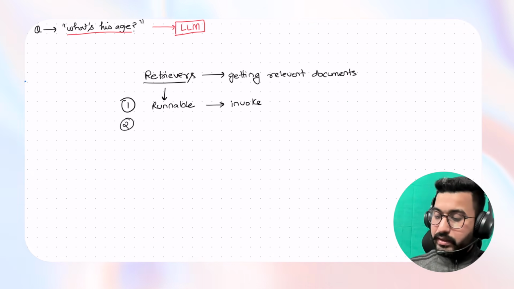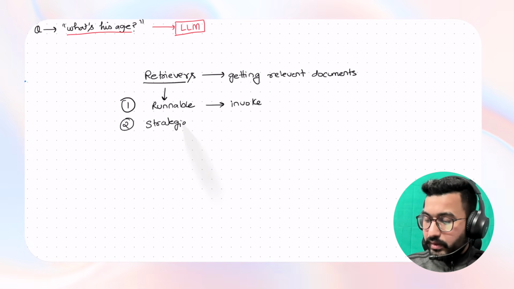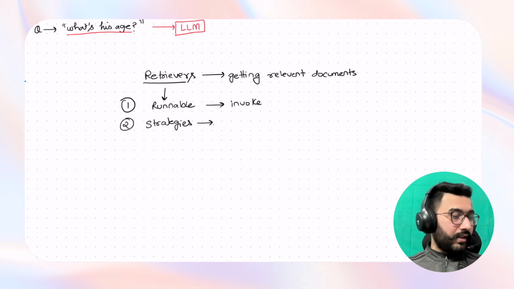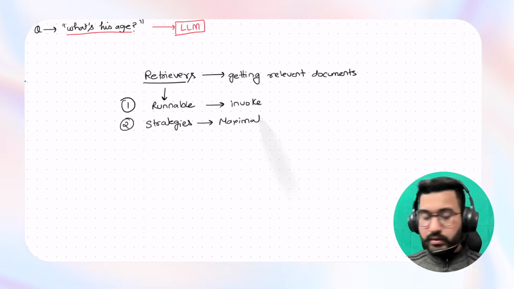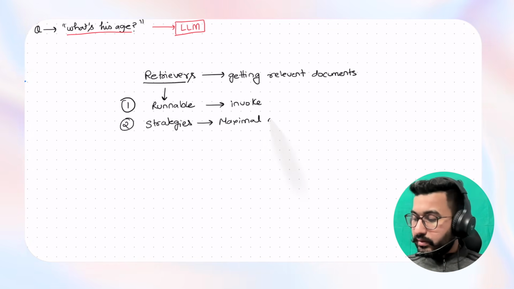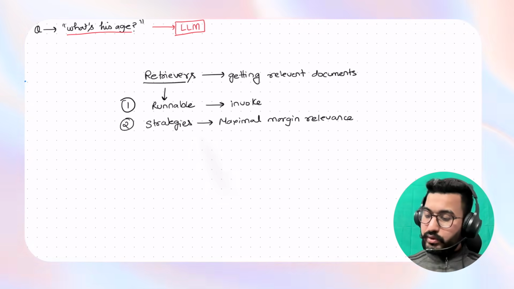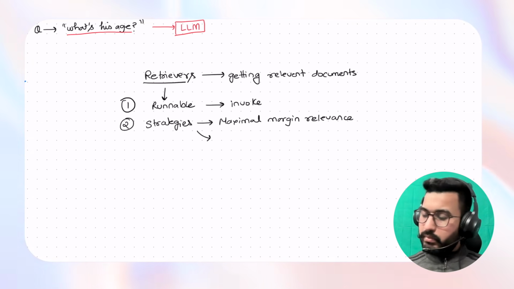So retrievers in Langchain also come with strategies. There are multiple strategies. One very popular strategy, which I have written in my document also, is maximal margin relevance. And one more strategy we will talk about is your multi-query retriever.